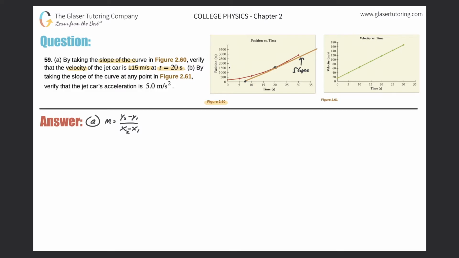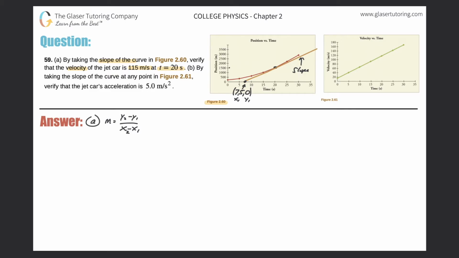It looks like it's going to intersect the graph right about in the middle of 5 and 10. So what would be the coordinates for this point? Remember, the x coordinates always come first. So it'd be about 7.5. And then we don't have to go up at all on the y axis, so that would be 0. Okay, so I'll call this x1, y1.